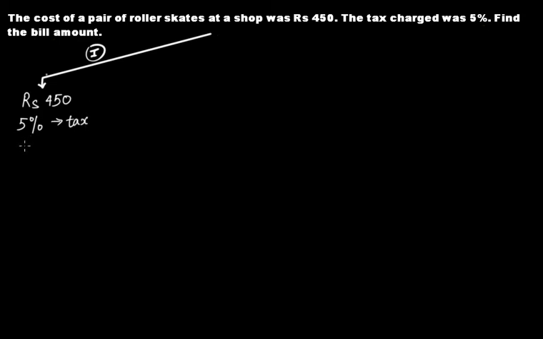It means that the tax charged will be 5% of rupees 450, and that is equal to 5 by 100 multiplied by 450. If you solve it, we get 22.50. This is the tax that will be charged on this original price, that is rupees 450.